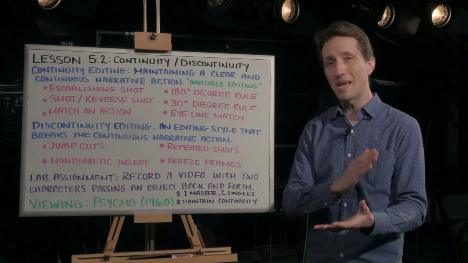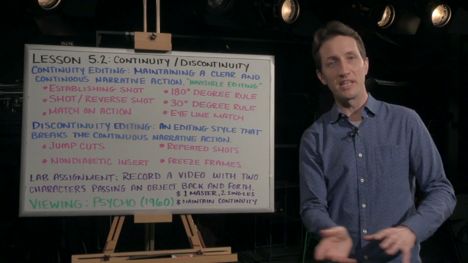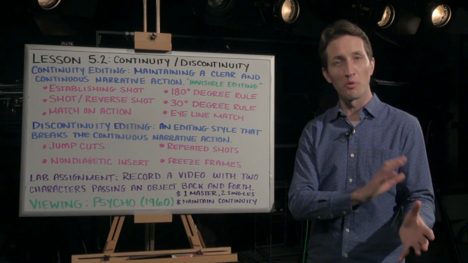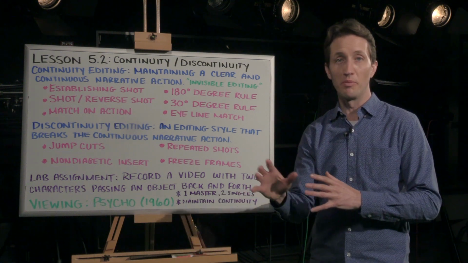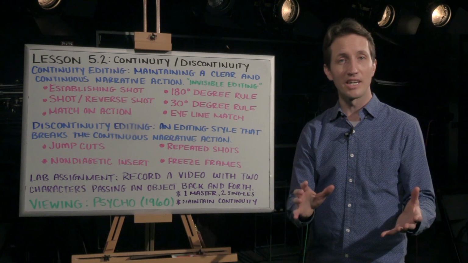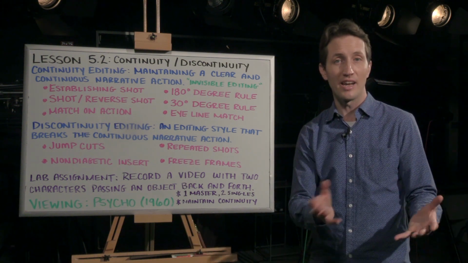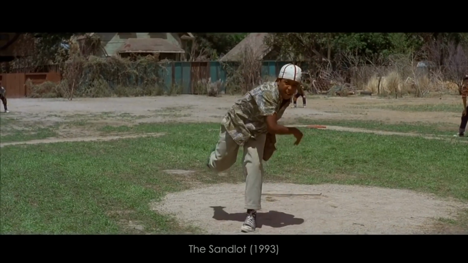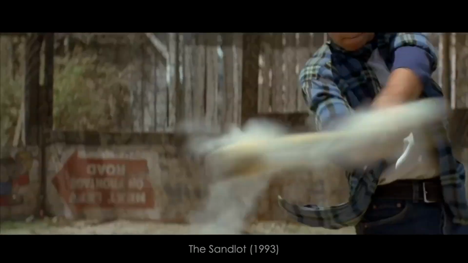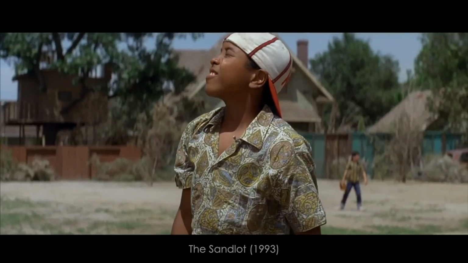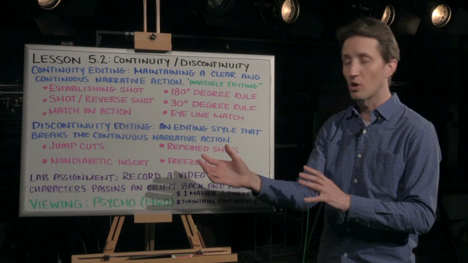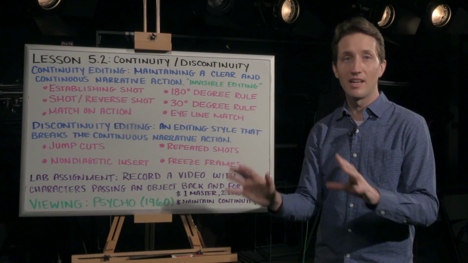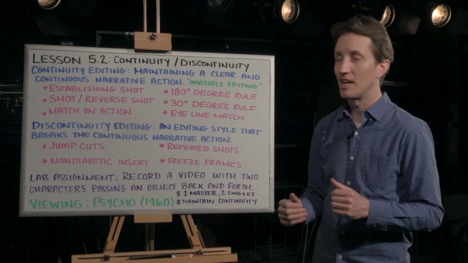Well, you're going to want to make your cut while they're mid-swing. You don't want to cut from the wide to the medium before they swing, and you don't want to cut to your medium shot after they've already swung. You want to cut right in the middle of that swing because cutting on action or matching the action is going to hide that edit and help you preserve continuity.